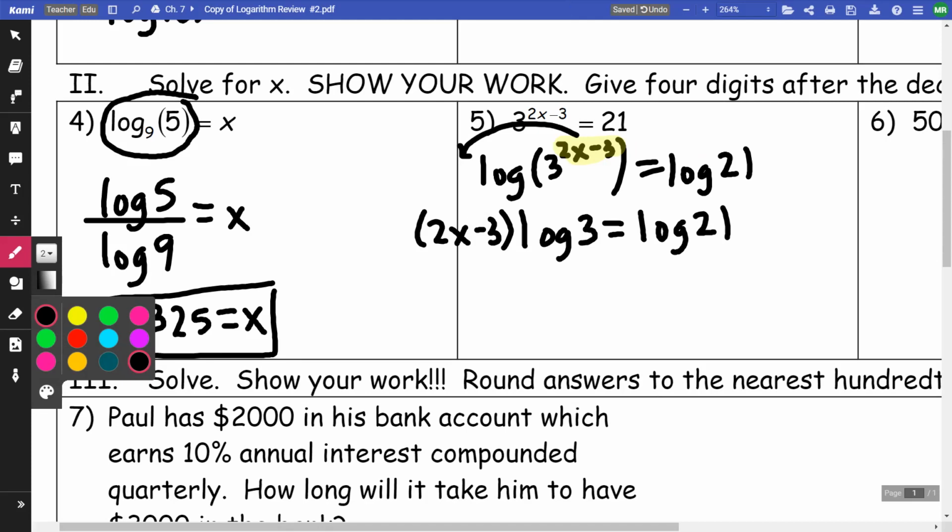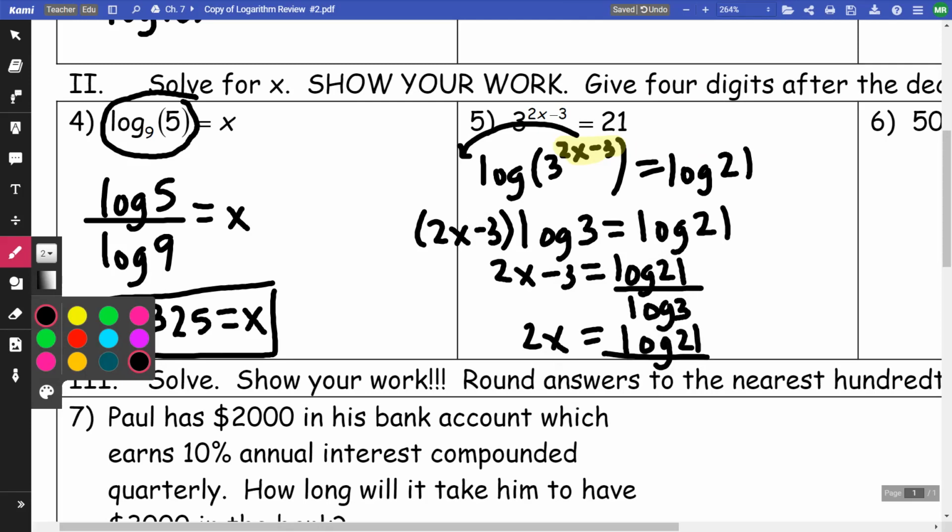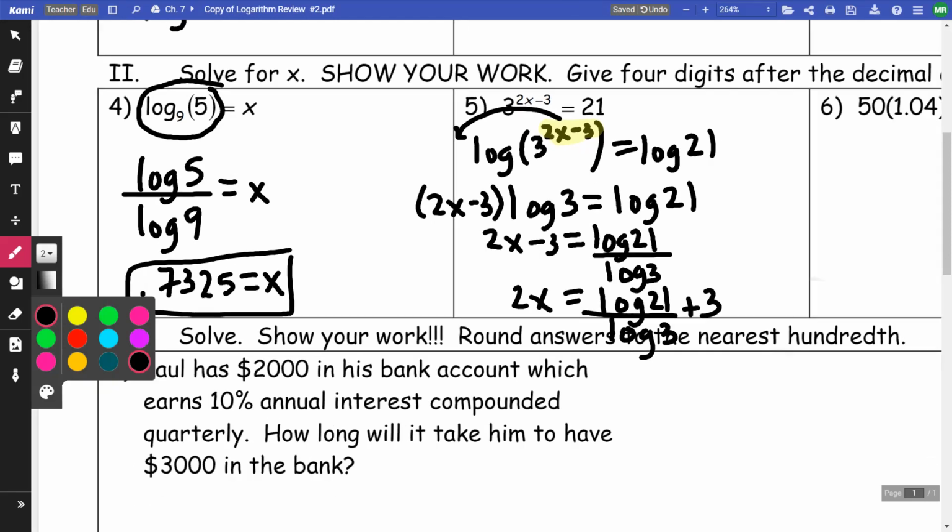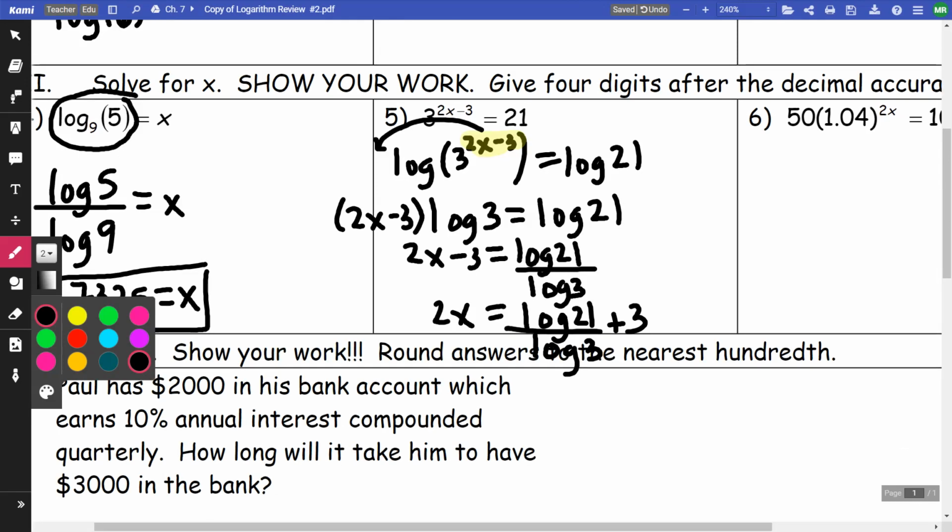I am going to divide both sides by log of 3, so I'm going to get 2x minus 3 is equal to log of 21 over log of 3. Then I am going to add 3 to both sides, so I'm going to take this log of 21 over log of 3, and I'm going to add 3. My last step is going to be to divide by 2, but let me get this answer first.